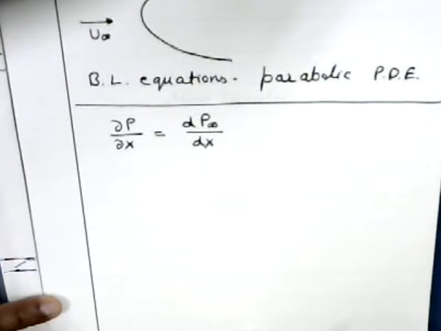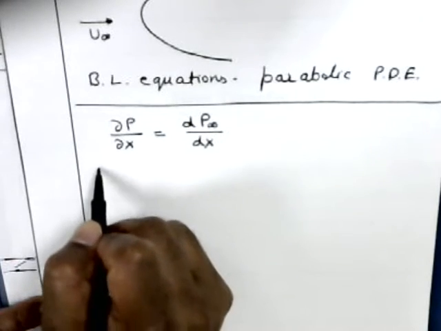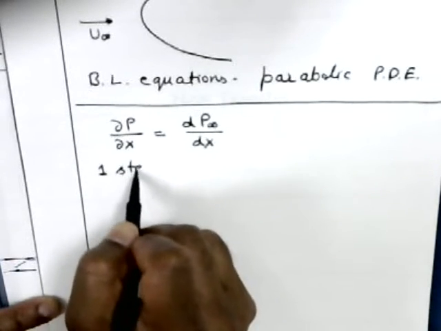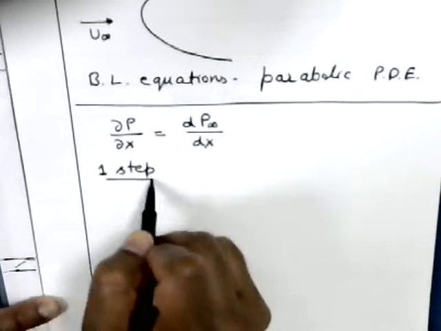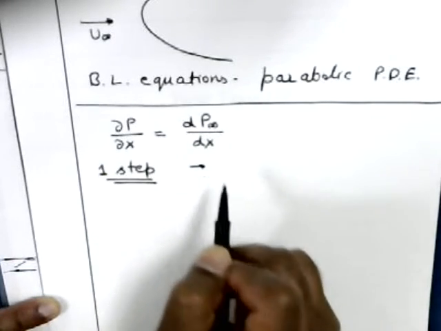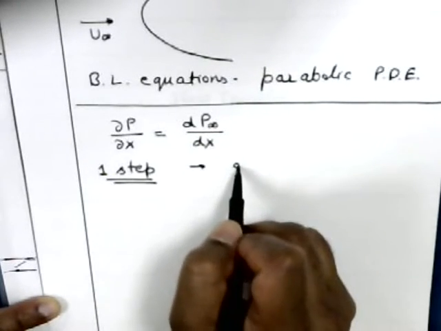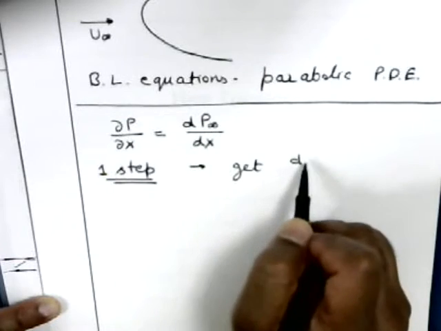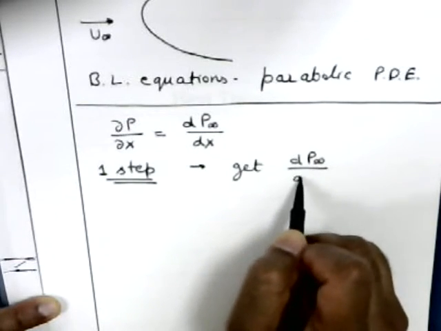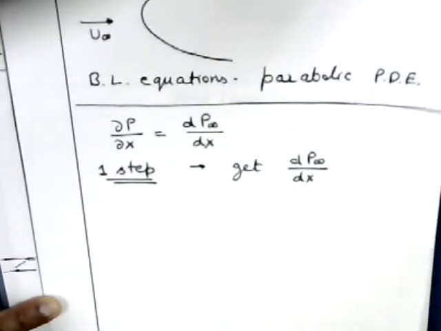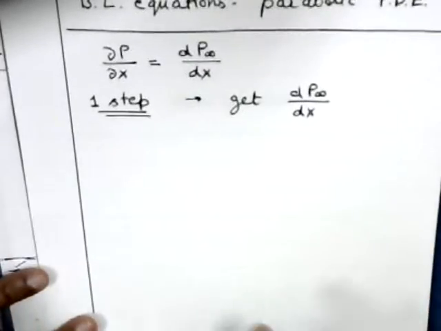Okay. So the first step when we solve the boundary layer equations is to get this dp infinity dx. And let me explain briefly how that is done.